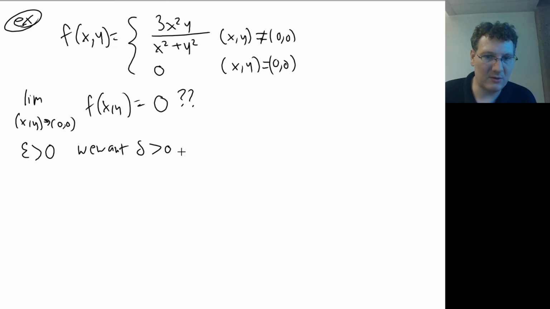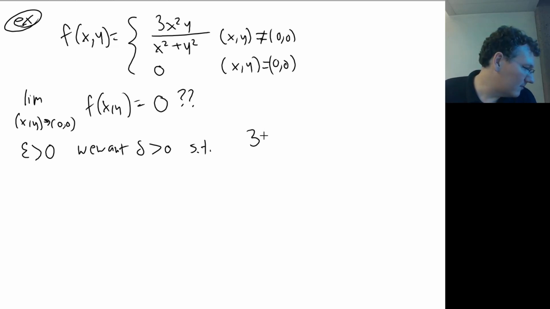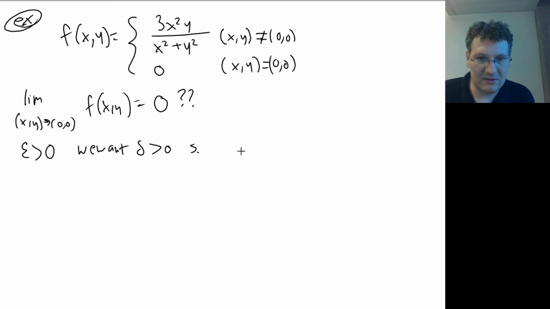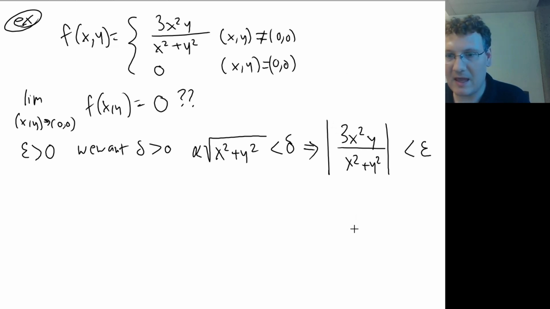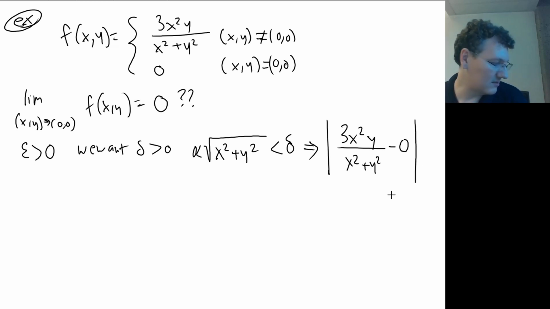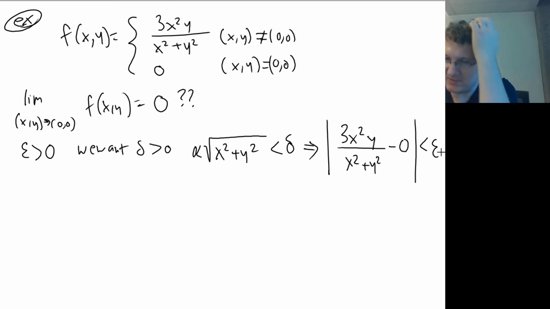We want some delta greater than 0 such that as long as (x, y) is no farther away from (0, 0) than delta, then this function is no further away than epsilon from 0.